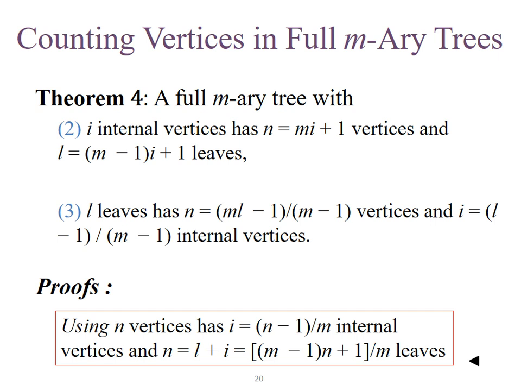We will have m minus 1 times i plus 1. So you can see you can rewrite these equations to use known variables to represent unknown variables. Now I want you to write how to derive, for a full m-ary tree with l leaves, the representation by n and i.